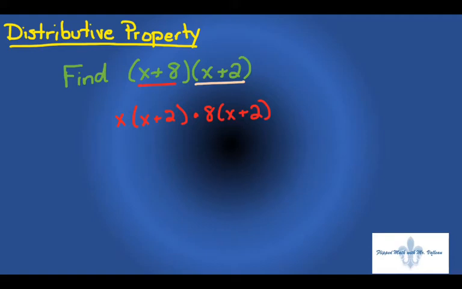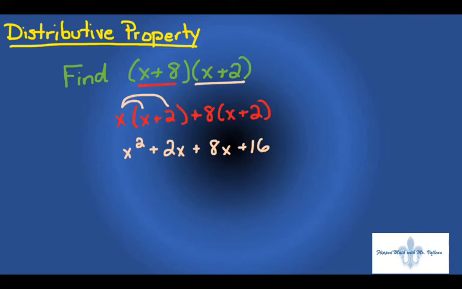So what you end up with as we use our distributive property is x squared plus 2x, and that's the result of the first distribution. And then you've got 8x and 16.